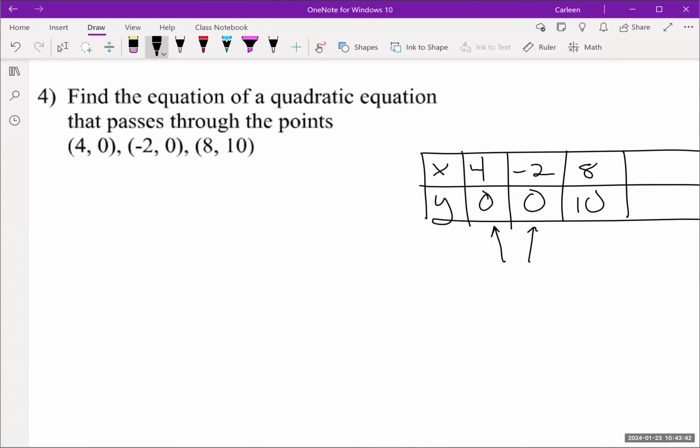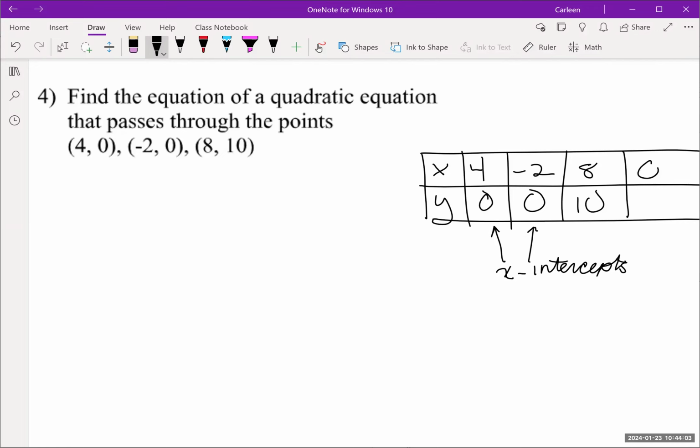Thank you. Yeah, if the y value is 0, then 4 and -2 are the x-intercepts. Okay, so if the y value is 0, then I have the x-intercepts.